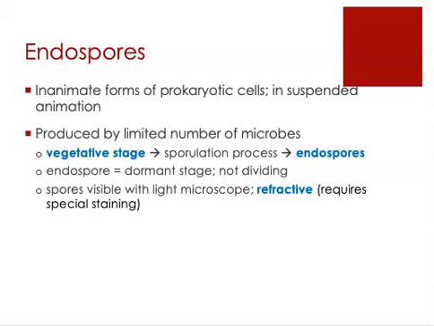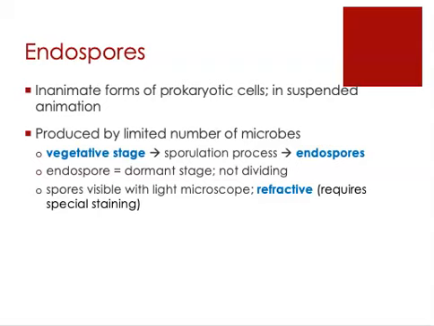And what an endospore is, basically, is an inanimate form of that prokaryotic cell. It is literally a way for that prokaryotic cell to put itself into suspended animation. Now, only a limited number of prokaryotic cells can do this.